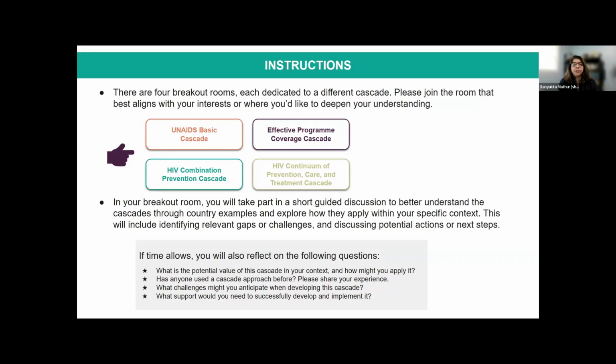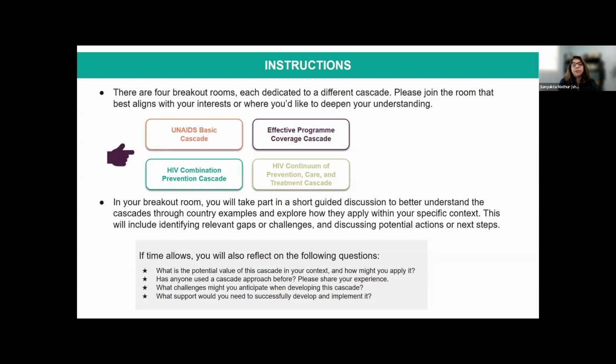We have one room for the UNAIDS basic cascade, one for the effective program coverage cascade, one for the HIV combination prevention cascade, and finally one for the HIV continuum of prevention, care and treatment cascade. In those breakout rooms, we'll have just a few slides to give some guided discussion so you better understand what's in that cascade and a country example.